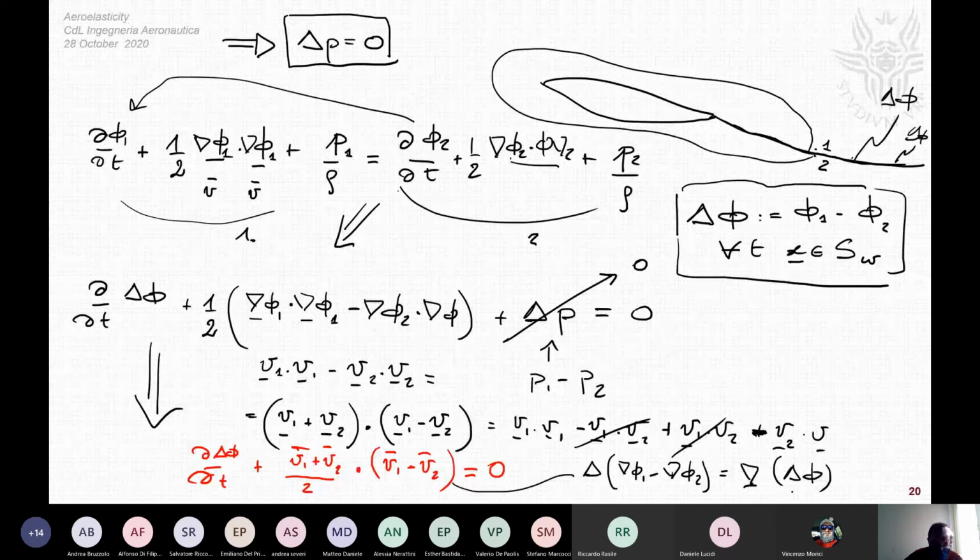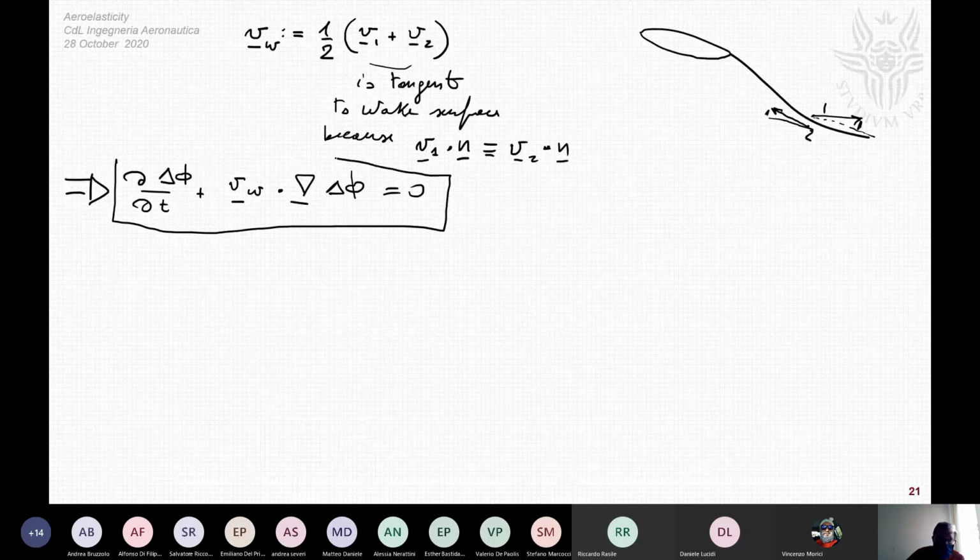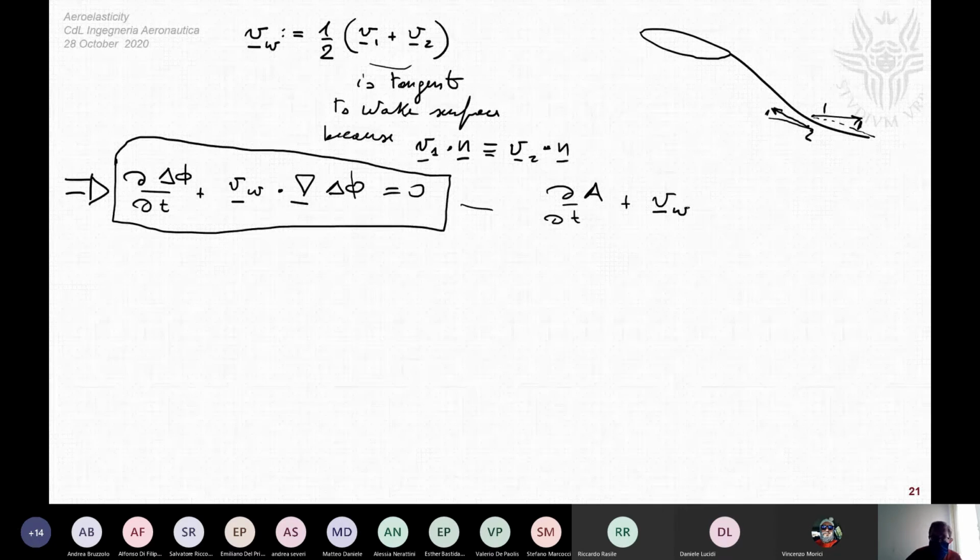And so this is the average velocity of the wake, and therefore we have this. And what is this representing? You have the partial derivative in t of a plus v wake dot the gradient of a. What is this?